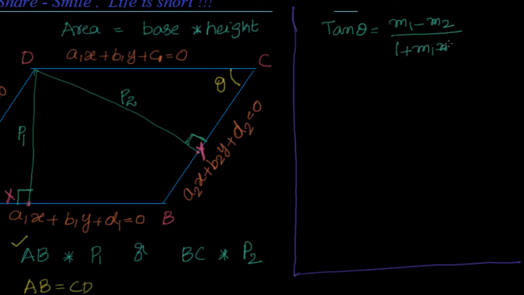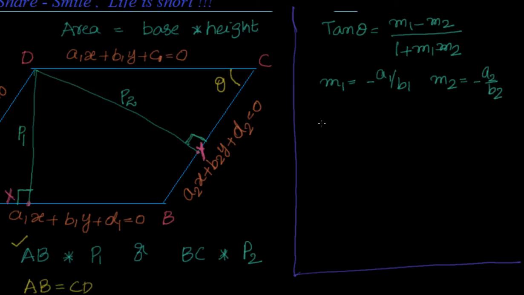We know m1 for a1x plus b1y plus c1 equals 0: b1y equals minus a1x, so m1 is minus a1 by b1. m2 equals minus a2 by b2.